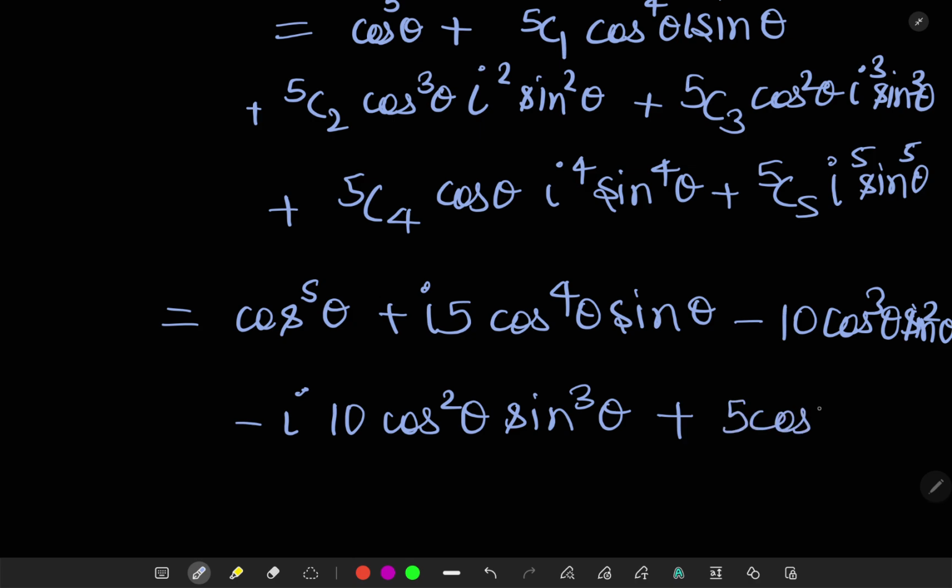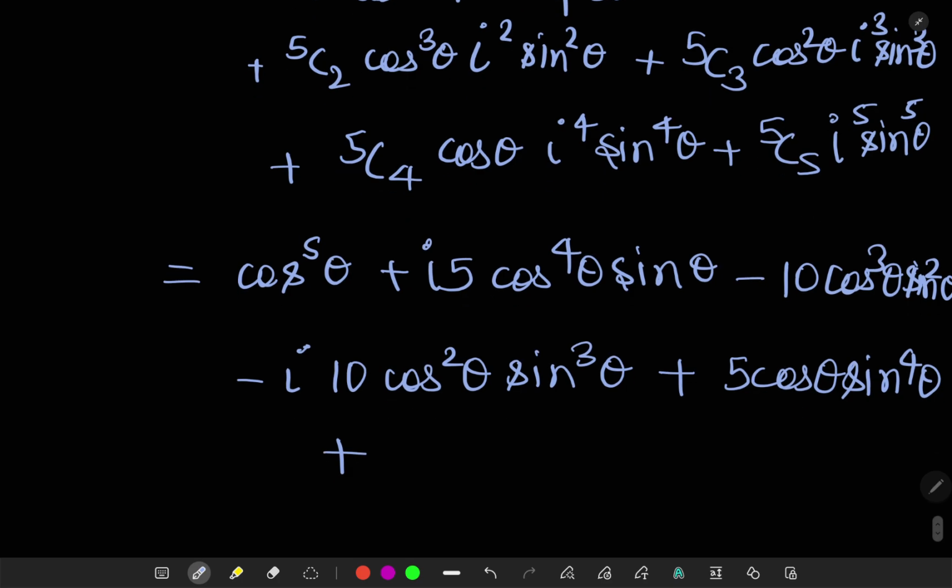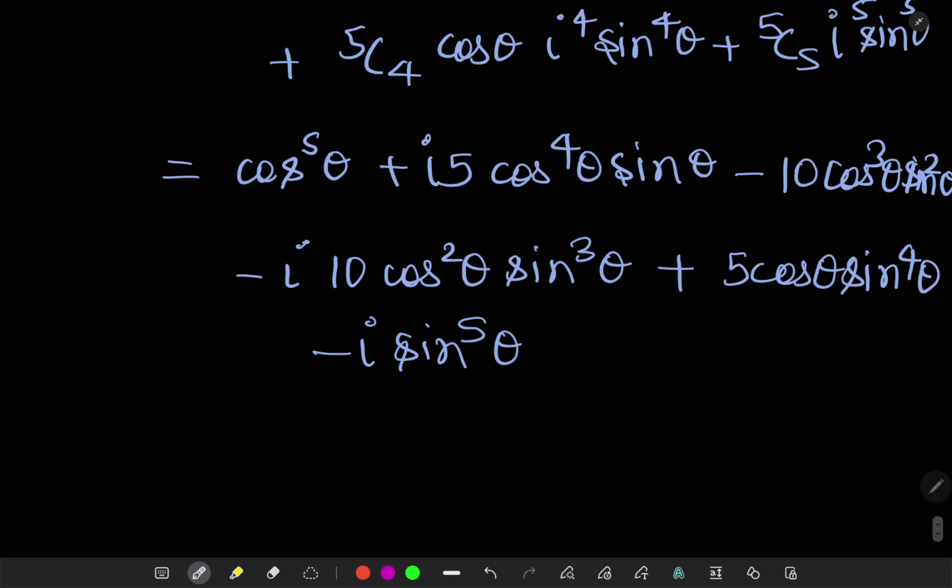So we can write this plus 5c5 is equal to 1, and iota raised to power 5 becomes minus iota sine raised to power 5 theta.